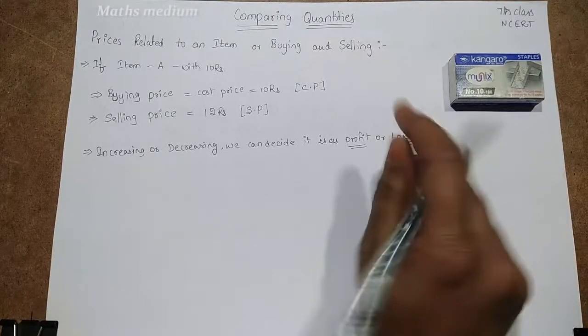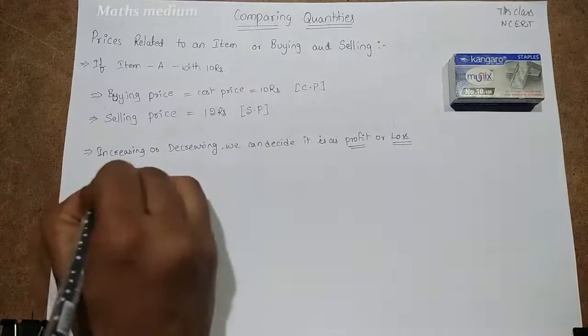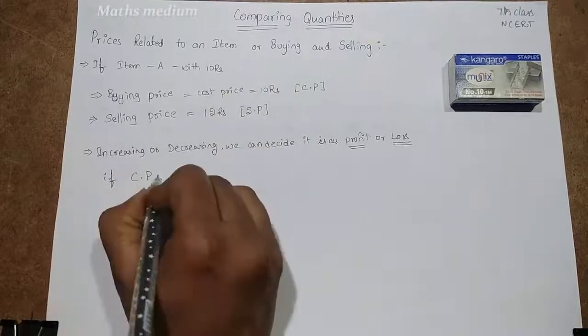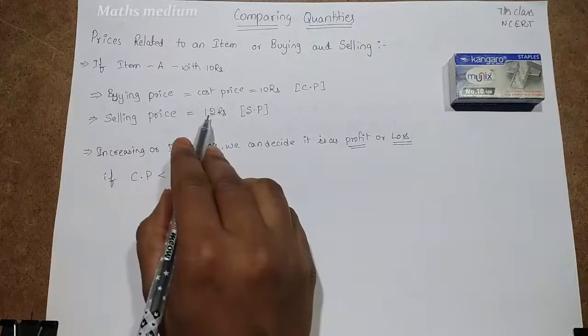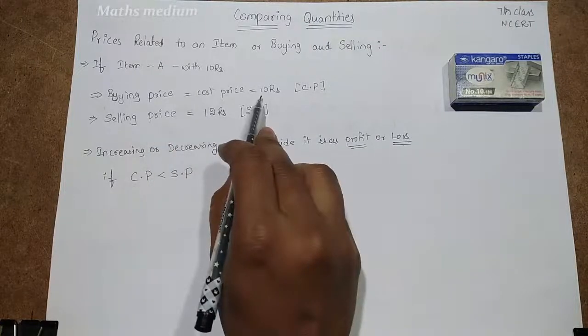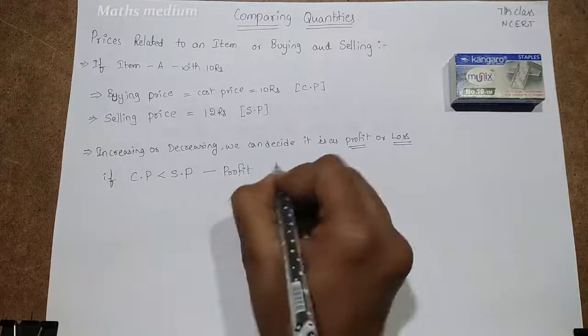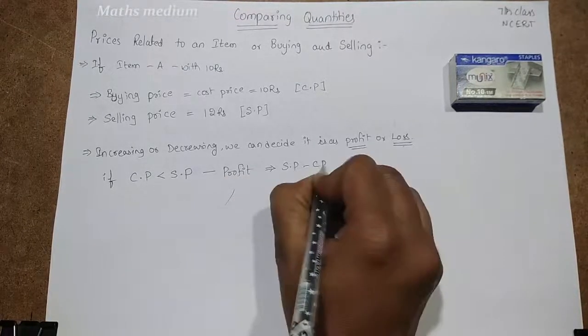We have two formulas for this. See, if CP, the cost price, is less than SP, the selling price, we get profit, which is SP minus CP.